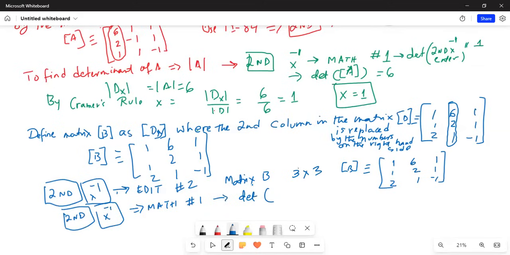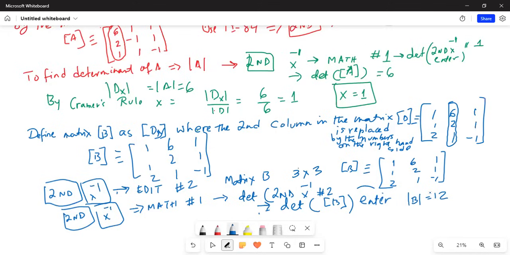Inside, you press the second x minus 1 button again, then scroll down to number 2, and it will give you determinant of matrix B. You put the right parenthesis and hit enter. And that is equal to 12. So the determinant of matrix B is 12.